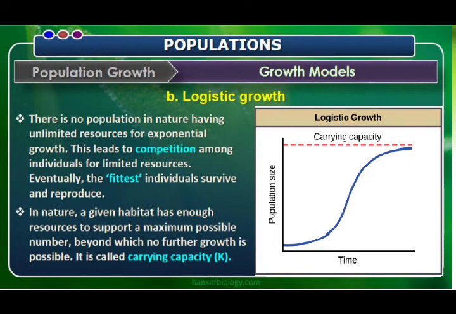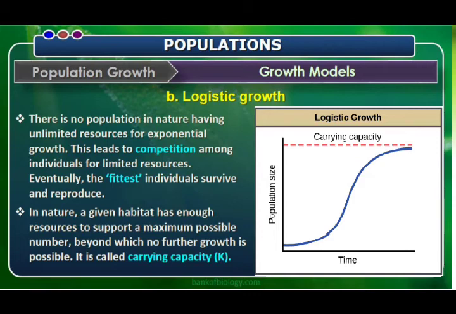So when there is competition for resources, at that time the logistic growth model should be followed. So in nature a given habitat has enough resources to support a maximum possible number beyond which no further growth is possible. It is called carrying capacity.